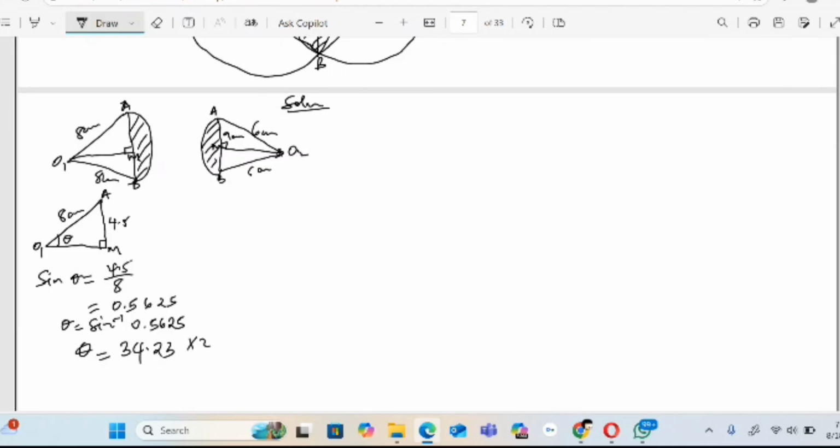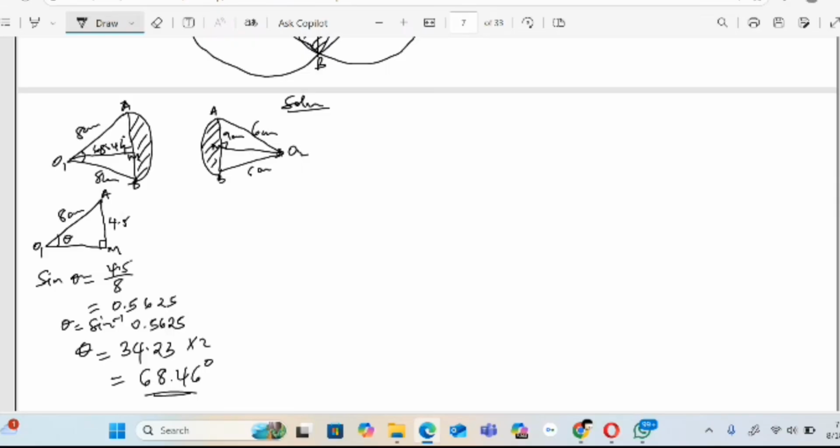So when you multiply by 2, your final angle becomes 68.46 degrees. So that is now the size of the whole angle. This one becomes 68.46 degrees. So we are done with finding the angle for that side.